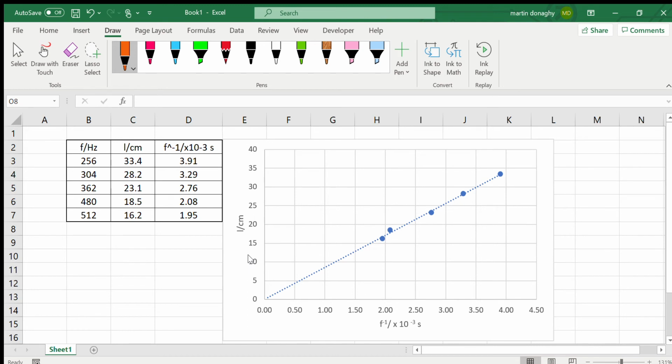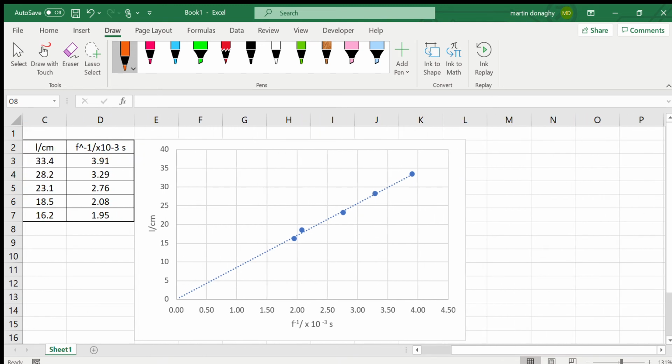So what we said was that the gradient of this graph is equal to v over 4. We want to find the speed of sound from this. So what we have to do is find the gradient first of all. Now I'm going to pick this point because it looks quite nice to use for my graph, and I'll pick the origin as well.